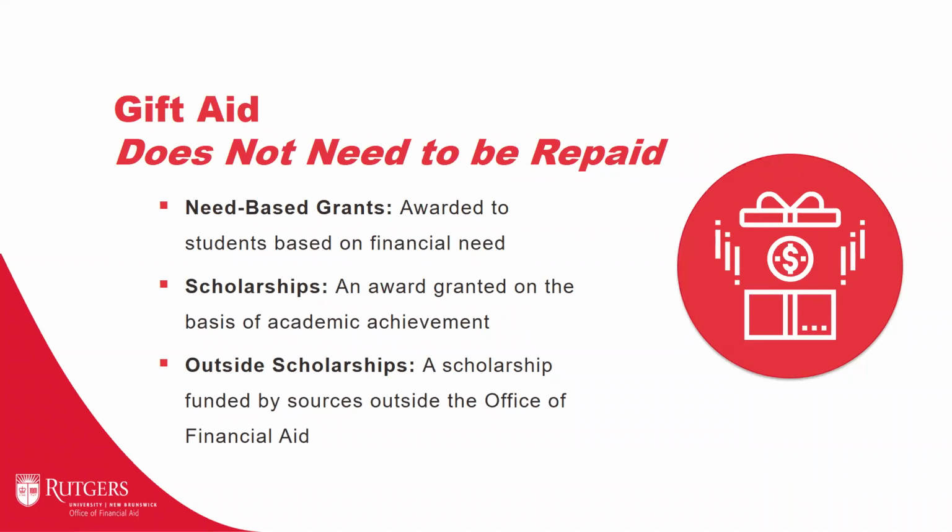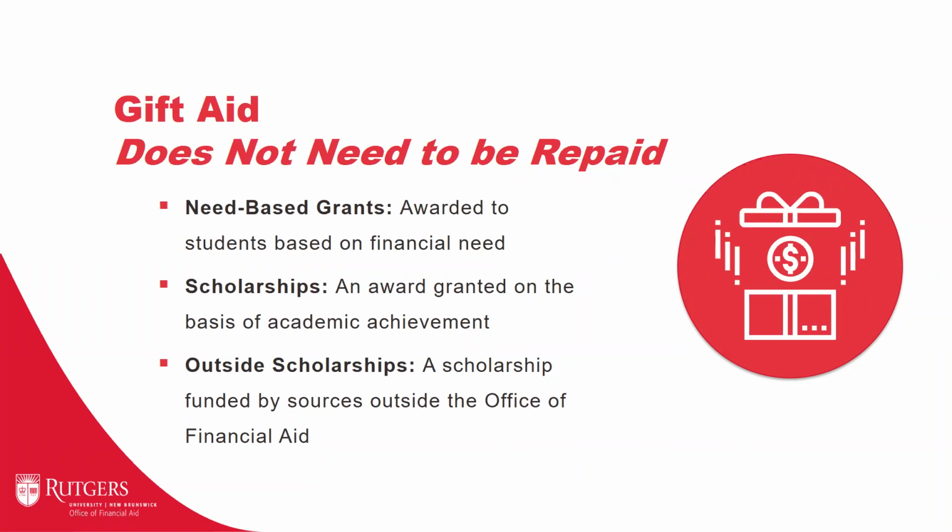And you also have scholarships, which are awards granted to students based on their academic achievement. As new students are admitted, their admissions application is considered for scholarships that may be available. However, sometimes these scholarships are quite limited in funding.